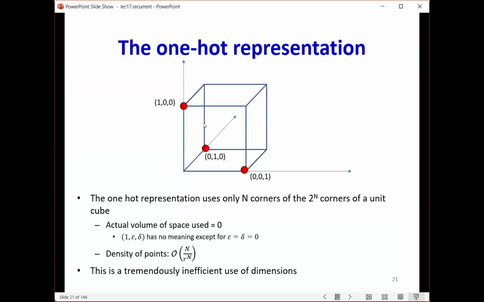The number of points is just n. And so the density is going to be of the order n over r raised to n, where r is the size of the edge. And this is going to be very low. Is this making sense? The business of the density and the fact that a small perturbation has no meaning.